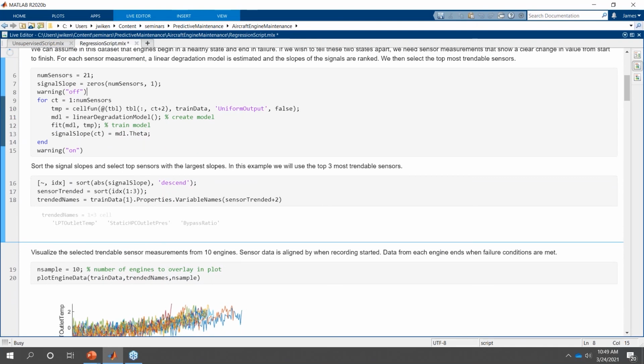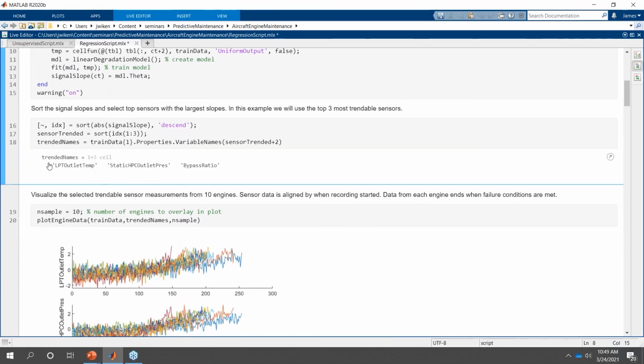This is just being done sort of numerically, where we're trying to pull out the sensors that have the most change over time. So this is essentially just fitting the data to this linear degradation model, and we're going to pull out the slope and just pick the ones with the highest slope, so the most change over time. It ends up being these three things: the low pressure turbine outlet temperature, the static high pressure compressor outlet pressure, and the bypass ratio.